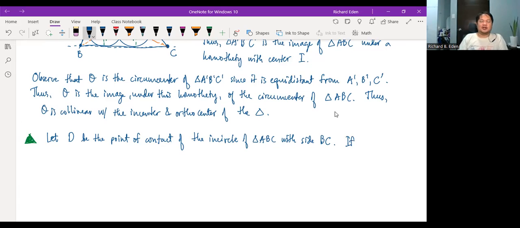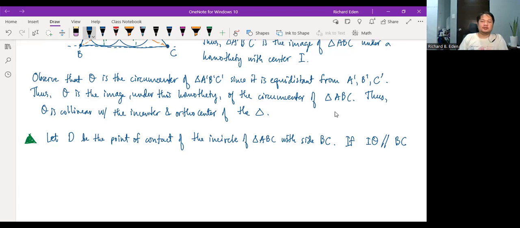If IO is parallel to BC. What is O, the circumcenter? Yes, the circumcenter and the incenter.